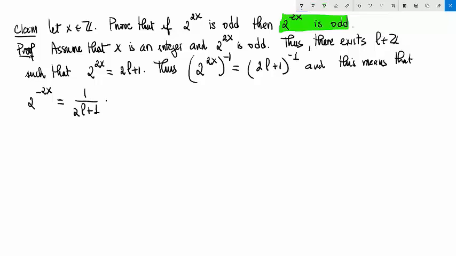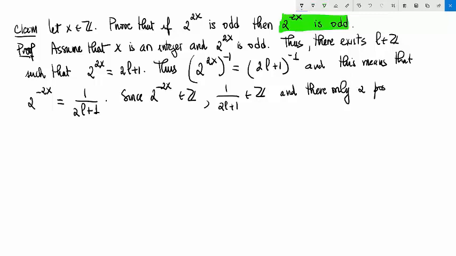And since 2 power negative 2x is an integer, then 1 over 2L plus 1 must also be an integer, and there are only 2 possibilities.